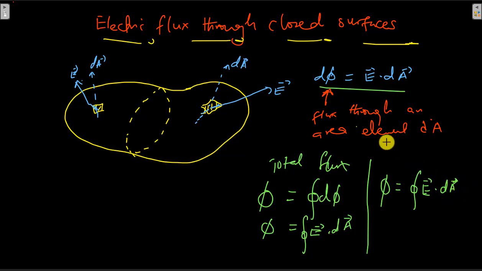Now we will use this knowledge of the electric flux through closed surfaces to derive Gauss's law. So let's look at the derivation of Gauss's law.